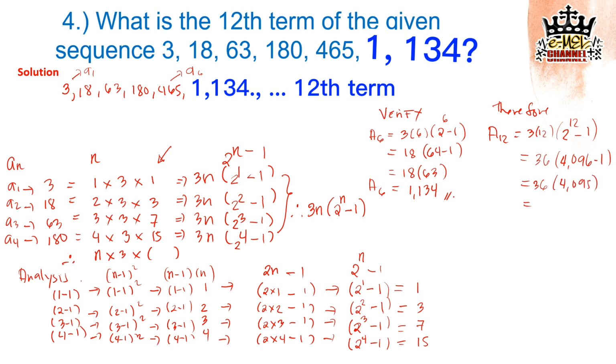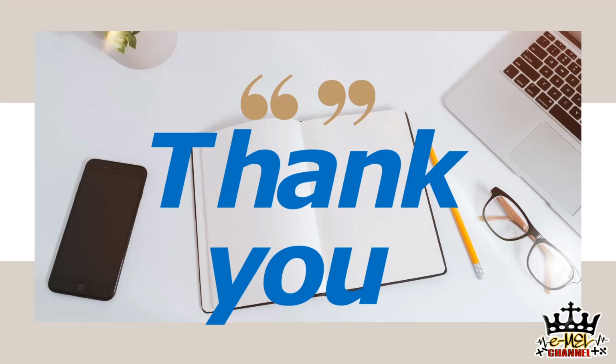Going to multiply 36 times 4095. So A sub n equals 147,420. That is how we solve problem number 4. Thank you and God bless everyone.